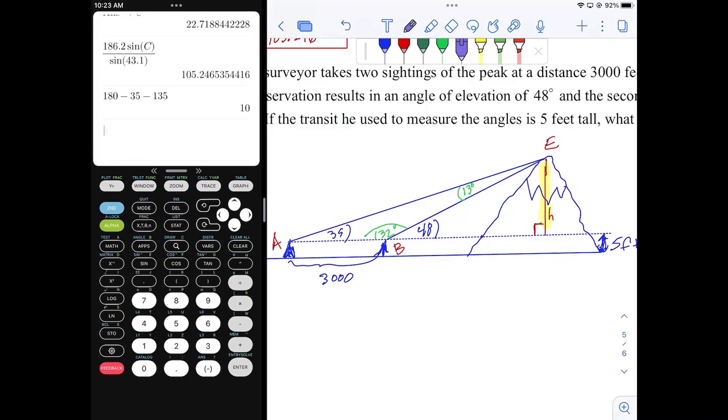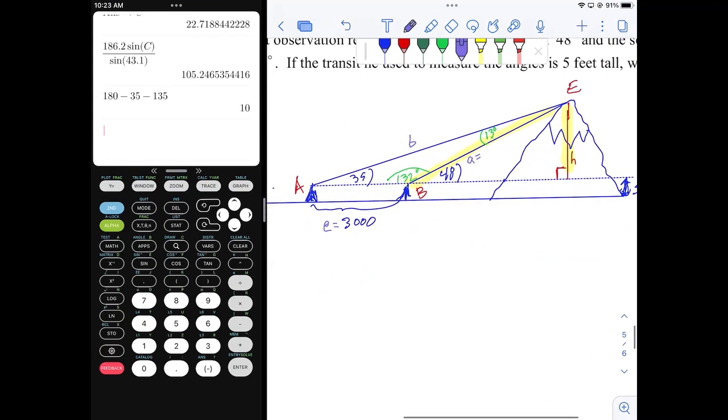But I need the law of sines to find that missing side. So I think the side that's in common would be this one. I think that might be the one to find, don't you think? Let's go ahead and find that. So what side is that going to be? That's going to be little a. And then I might as well label these little b.